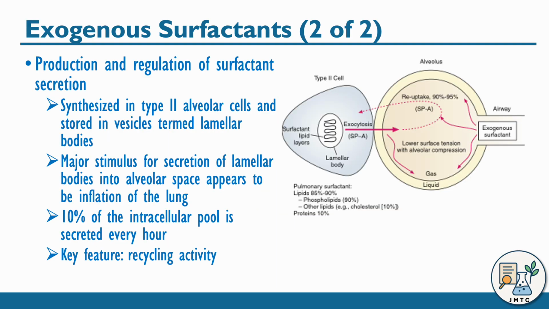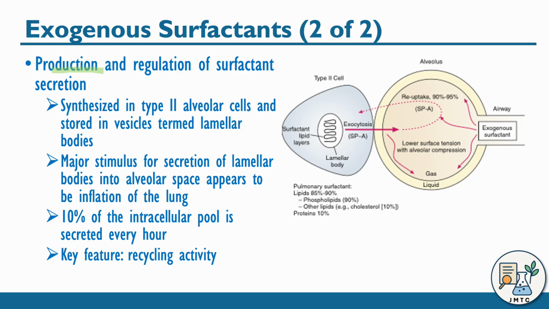So let's look at how surfactant is produced, released, and recycled. Maganda nga yung report ng isang group, no? 3 R's, sabi nila. I forgot the first R, but the second and third R, release and recycle. So we start with the production. Where is it produced? So maalala nyo yung figure natin sa second slide ata.